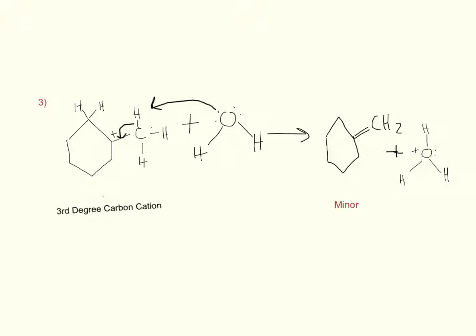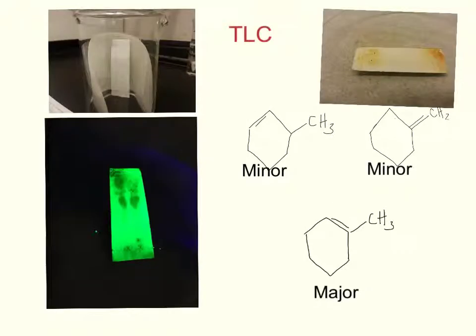But this is unlikely because it goes against Zaitsev's rule. So our different products could have been this double bond here, this one here, both minor, or this one, which is the major. The way we were able to determine this was through TLC.